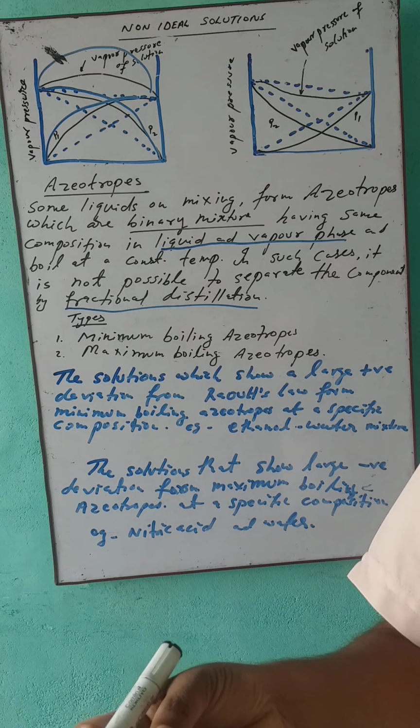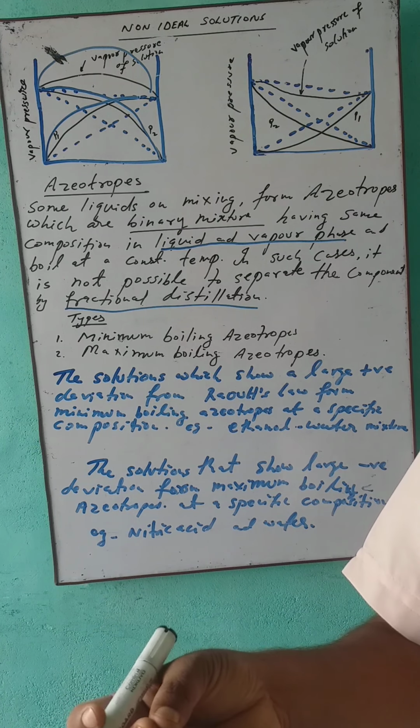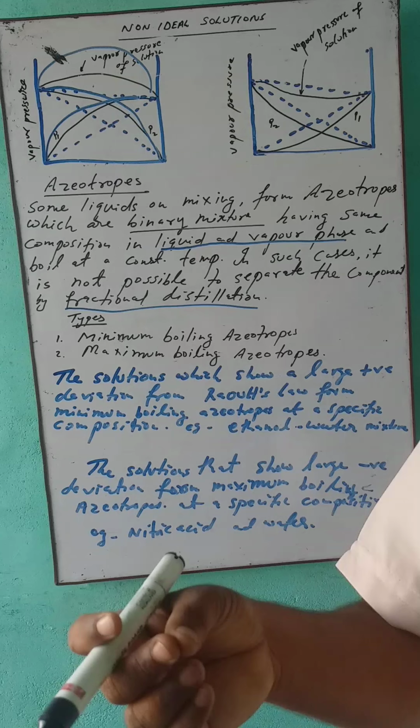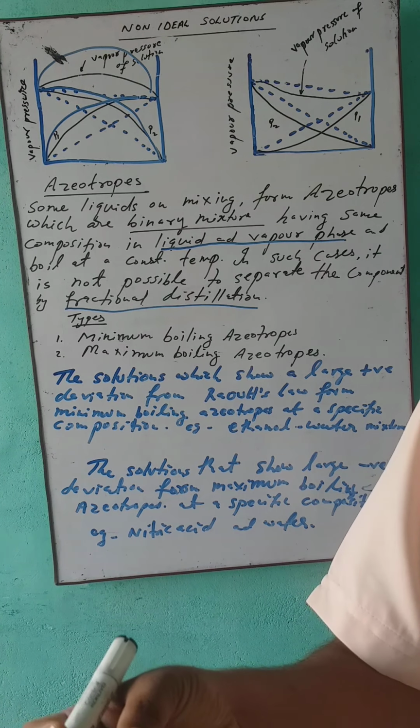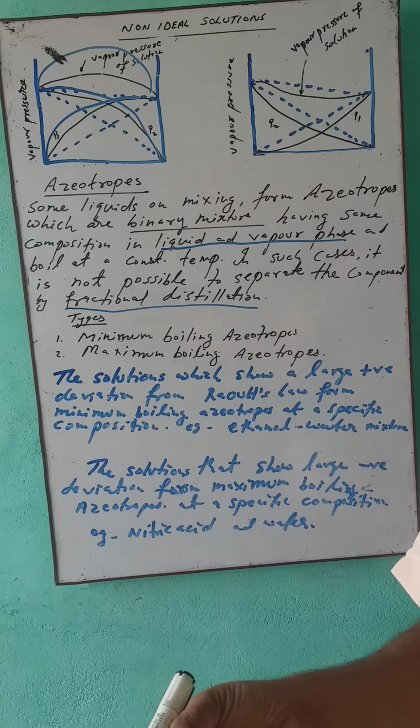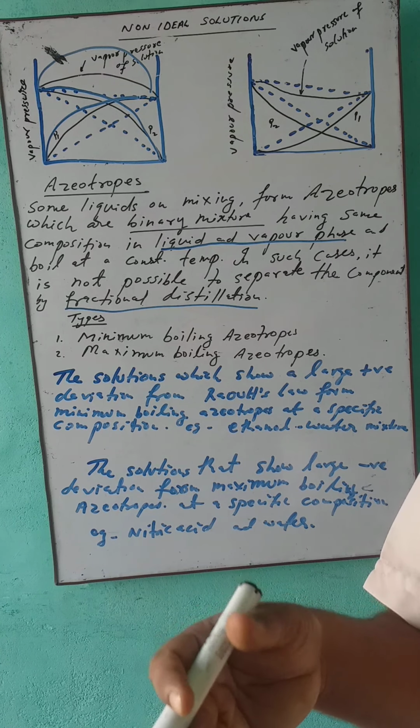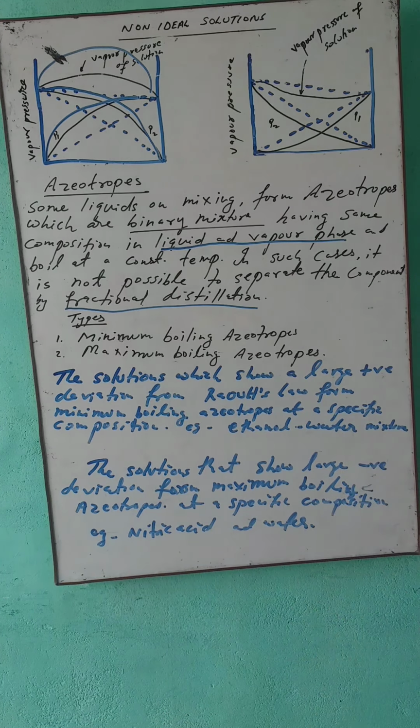Once this composition, known as the azeotrope composition, has been achieved, the liquid and vapor have the same composition and no further separation occurs. So this is an example.